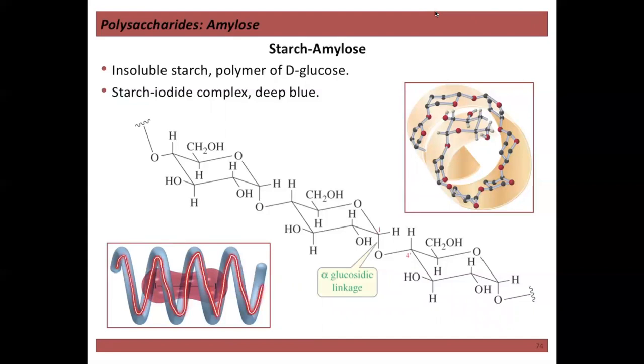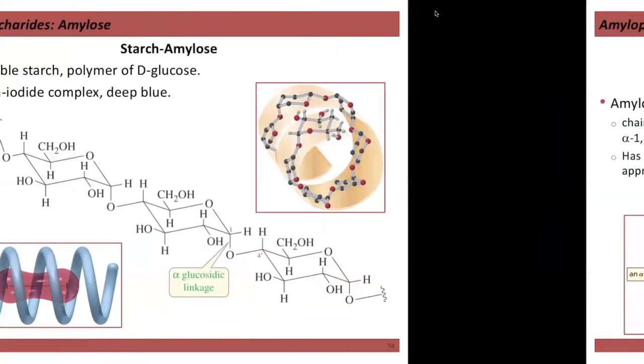And when it does, it gets another iodine in there and forms this I3 minus complex that has a very deep blue to almost black appearance. It's because that iodine can just fit perfectly in that helix, and that's due to this alpha 1,4 glycosidic linkage, which causes starch to coil up.